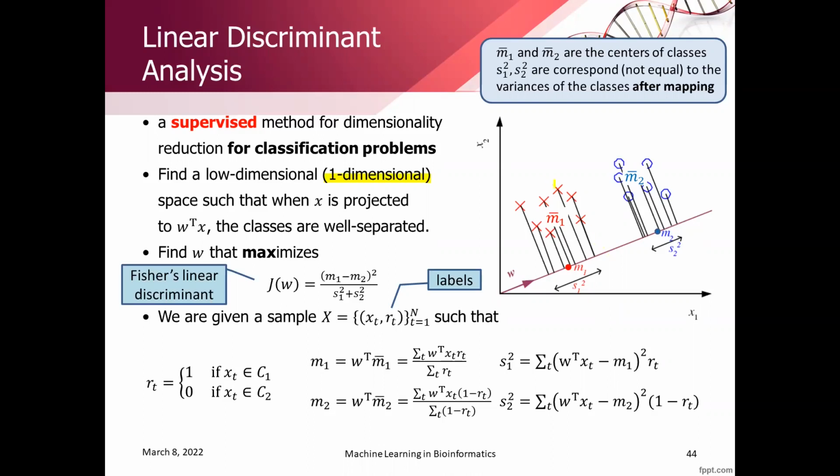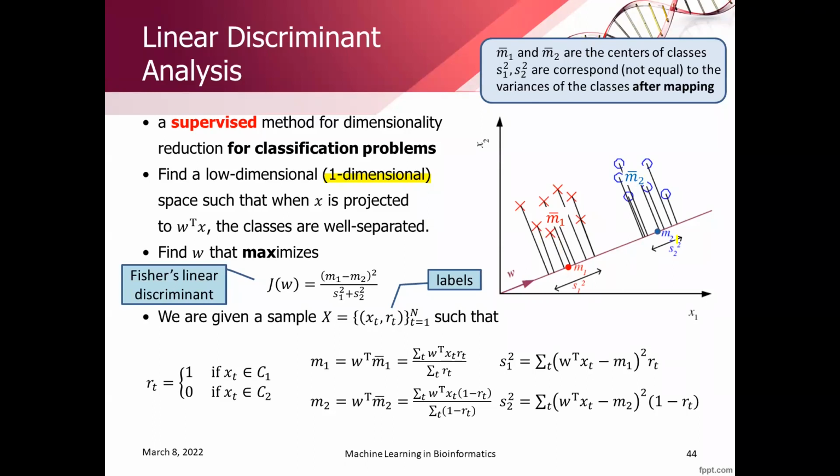So if the first class here has its mean m sub 1 bar, and the mean for the second class is m sub 2 bar, then these means will be mapped to m sub 1, and from the second class it will be mapped to m sub 2.